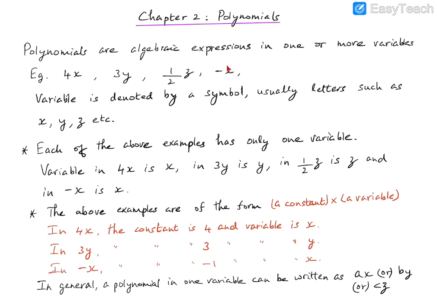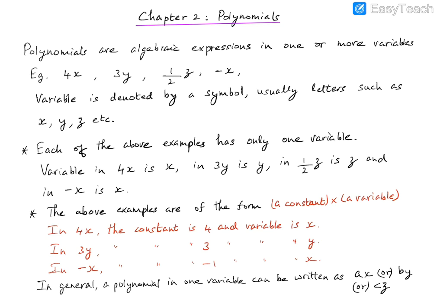So again, this is an algebraic expression where the variable is x, and in this case the variable is z. So basically, the variable is denoted by some symbol, and usually we use some letters to represent the variables, and it is a general norm to use the variables x, y, z, w, and so on.